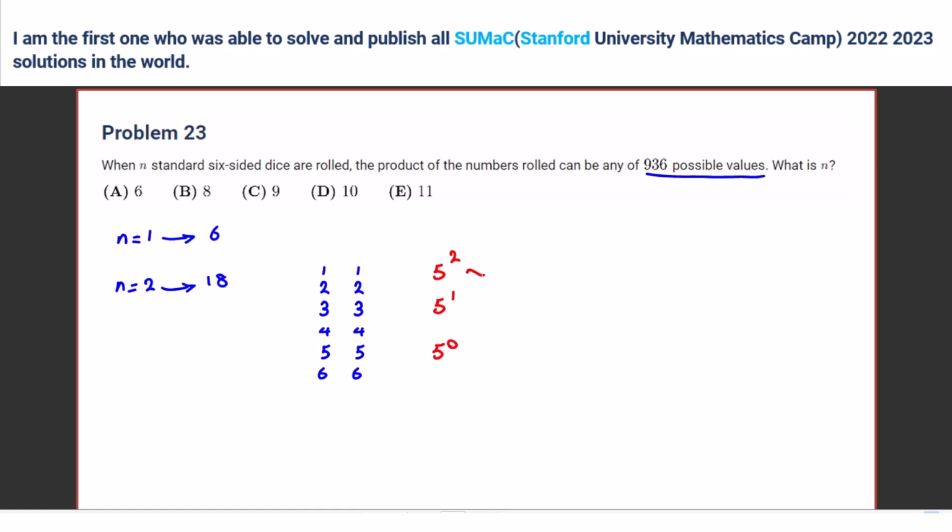So for 5 squared, how many cases are there? Five. Wait, what is 5 squared? The product is a multiple of 25 or 5, or is not a multiple of 5, right? 3 cases. Agree?